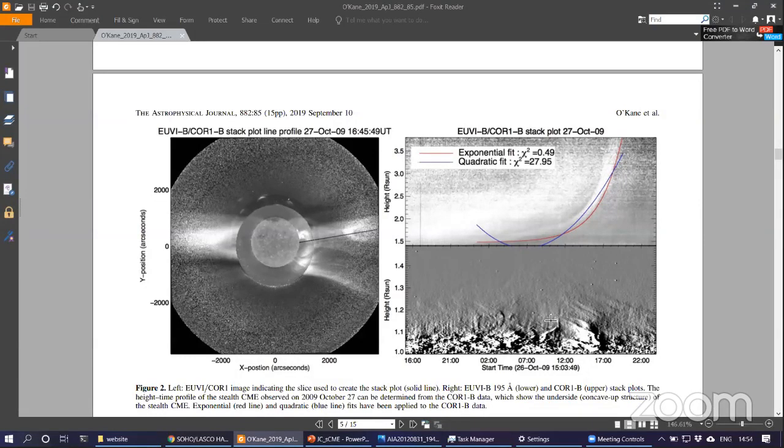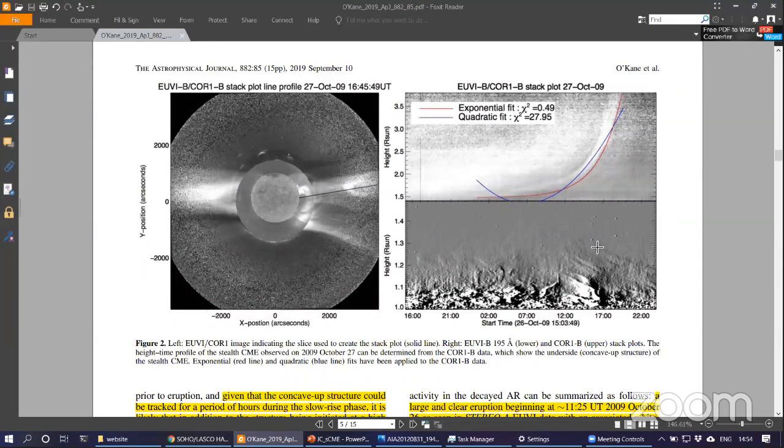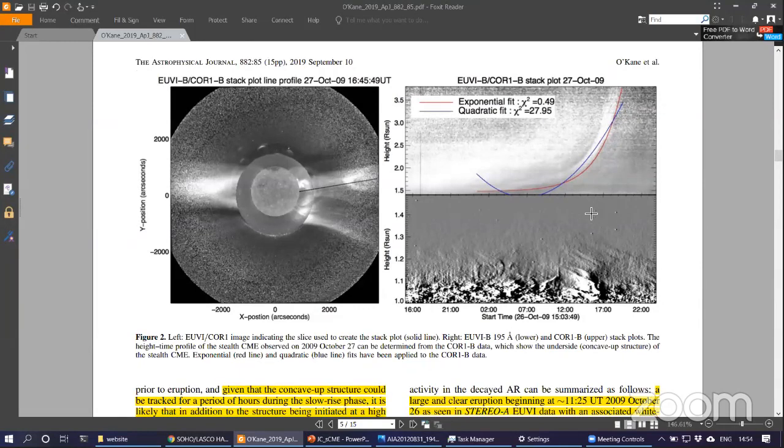Till here there was nothing, but all of a sudden, near the time when it started accelerating, there was a brightening. These authors suggest that it may be related to this acceleration phase and may be providing sufficient energy for this eruption to accelerate outwards. This is evident directly from correlating these two plots.